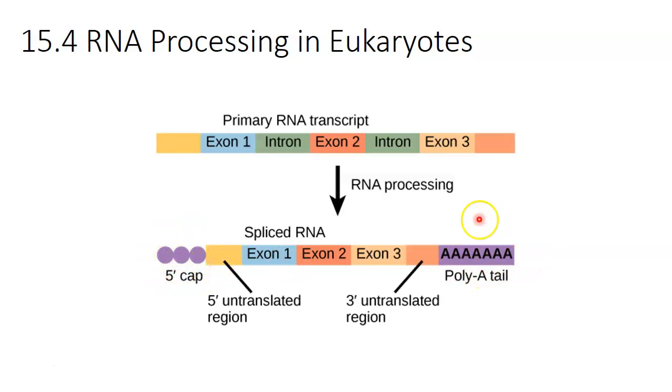At the 3' end, we get that poly A tail. We remove the introns here in green, and we splice together exon 1, 2, and 3. So that's RNA processing. Again, this is only going to happen in eukaryotes. Prokaryotes do not get any processing done. They do not have introns. They do not require the 5' cap or the poly A tail.